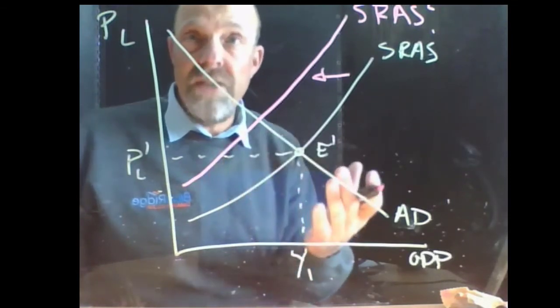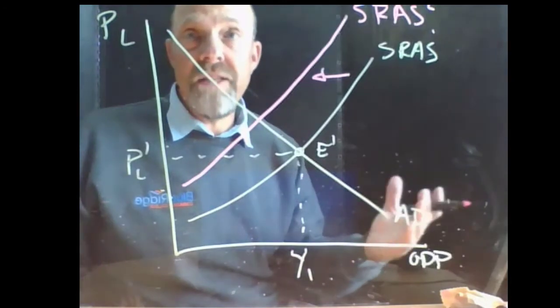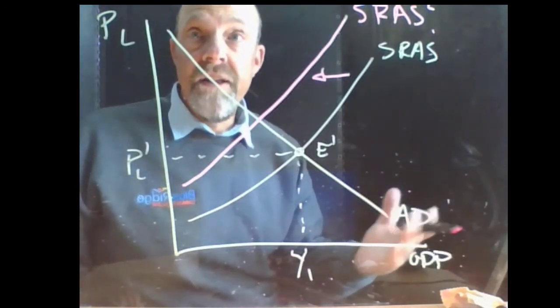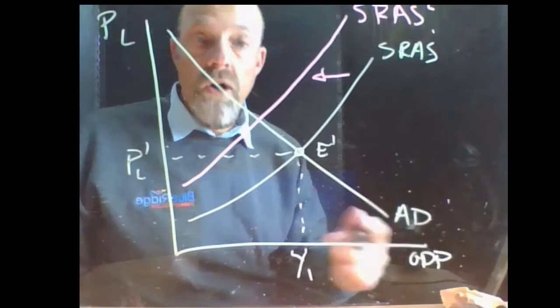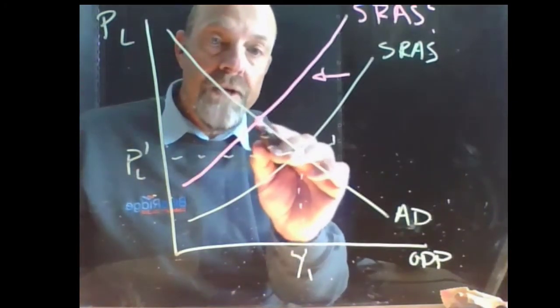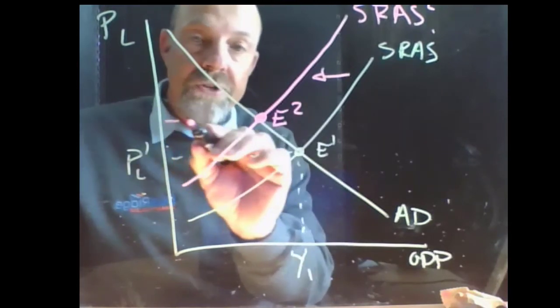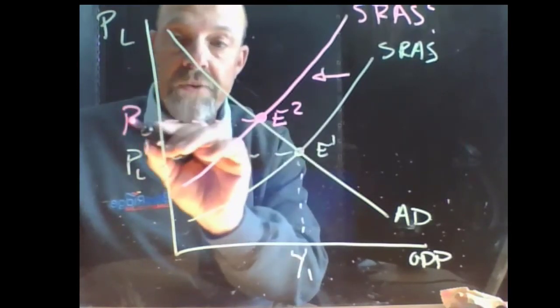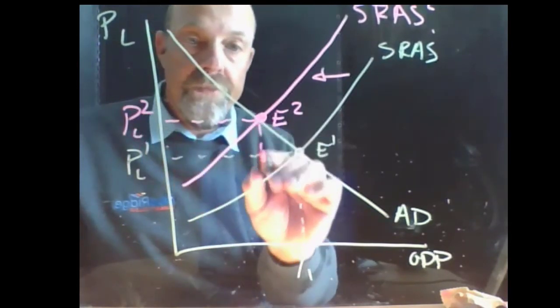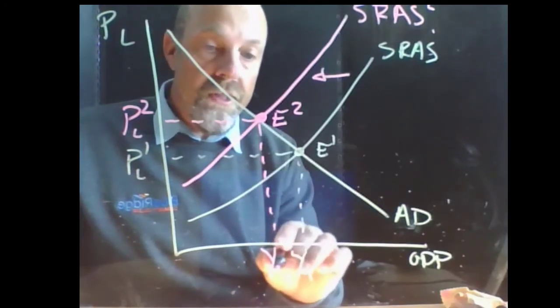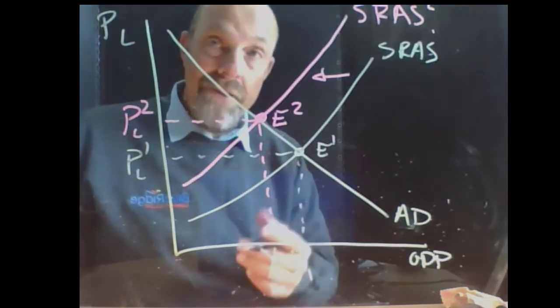That'll cause a shortage, right? People will be buying for relatively more scarce goods. That's going to drive up the overall price level in the economy. So we'll reach a new equilibrium at point E2, which is associated with a higher price level and a lower level of output and a higher level of unemployment.